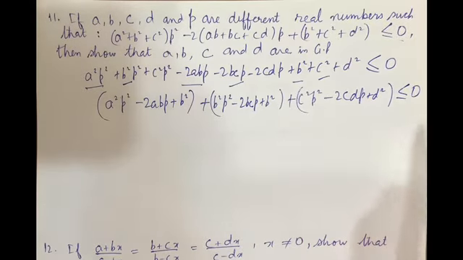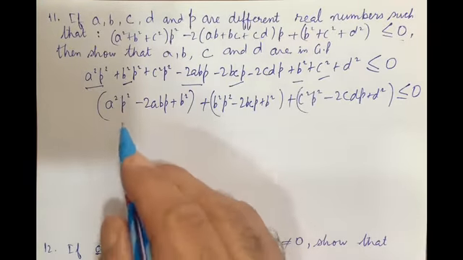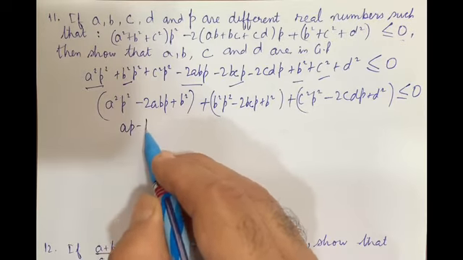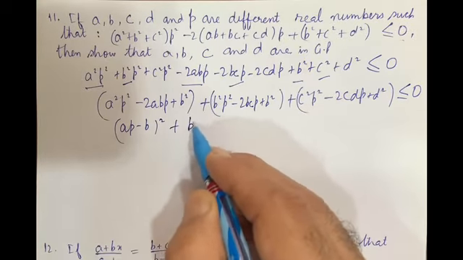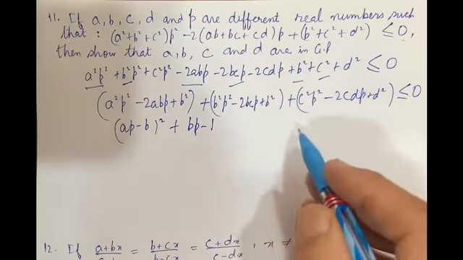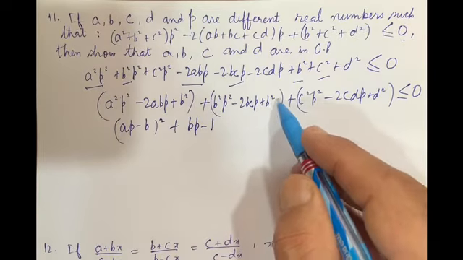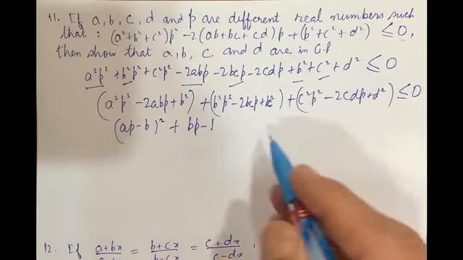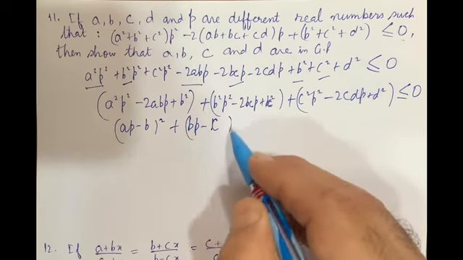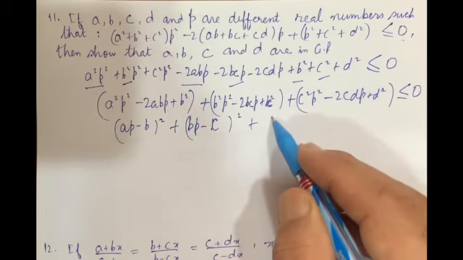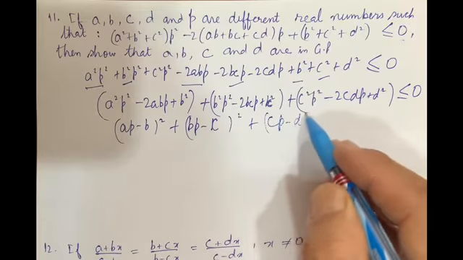This is less than or equal to 0. The first one is ap minus b whole square. The next is bp minus c whole square, and the third one is cp minus d whole square, less than or equal to 0.